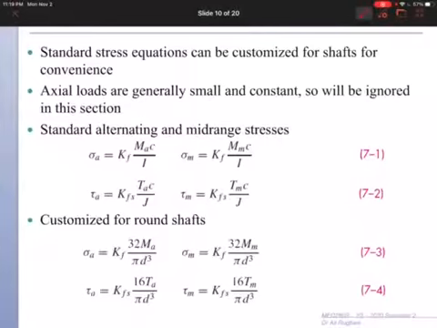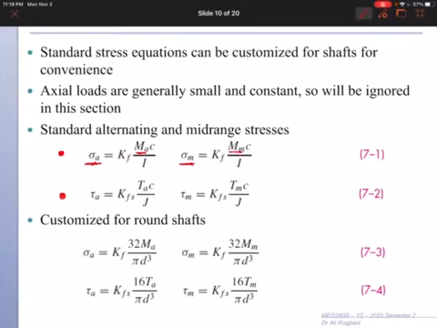Here you see we have formula for normal stress and also for shear stress. For normal stress, we calculate alternating normal stress and mid-range normal stress. For alternating stress, we use alternating bending moment. And for mid-range stress, we use mid-range bending moment.